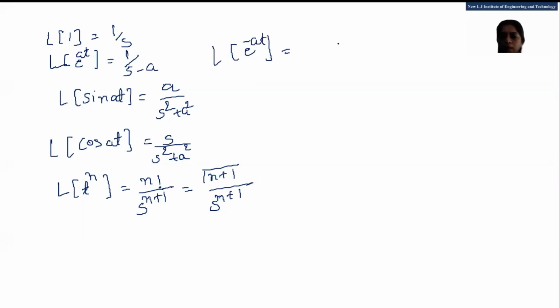Laplace of e raised to minus at is, yes, very good. That is 1 upon s plus a. Good. And Laplace of sine hyperbolic at.